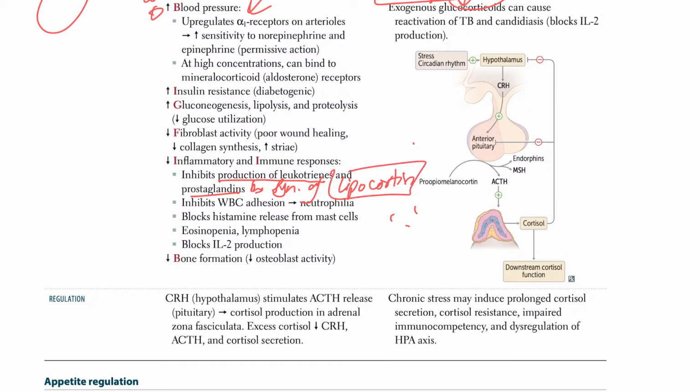All the lipocortin does is it inhibits that enzyme known as phospholipase A2. And what is phospholipase A2 doing? All it was doing was converting arachidonic acid into your prostaglandins and leukotrienes by the phospholipase A2 enzyme, right?